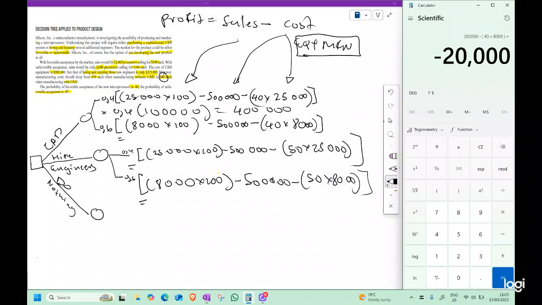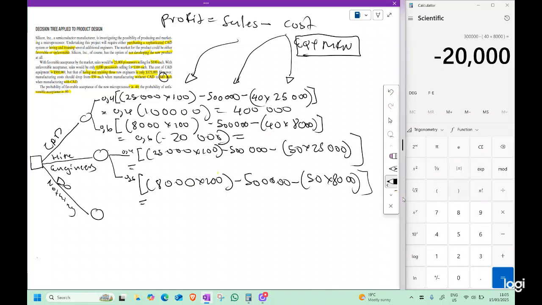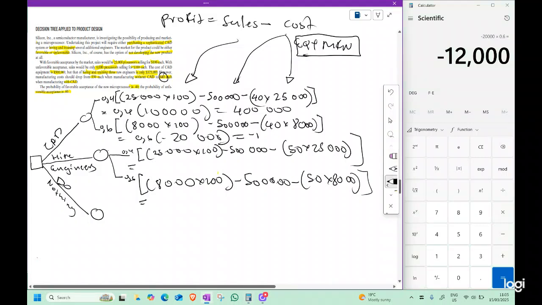So now we're left with 0.6 multiplied by 20,000, and we're getting 12,000.